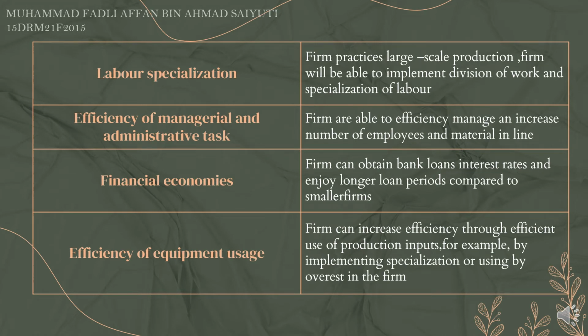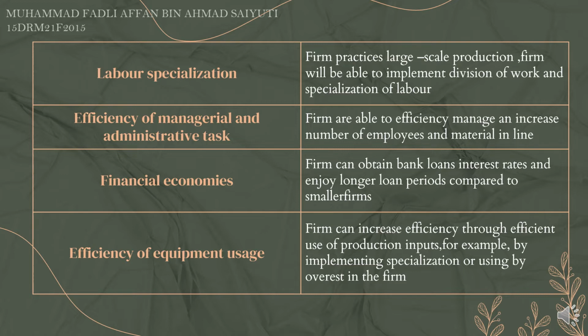Firms practicing large-scale production will be able to implement division of work and specialization of labor. Secondly, efficiency of managerial and administrative tasks. Firms are able to efficiently manage an increased number of employees and materials in line.